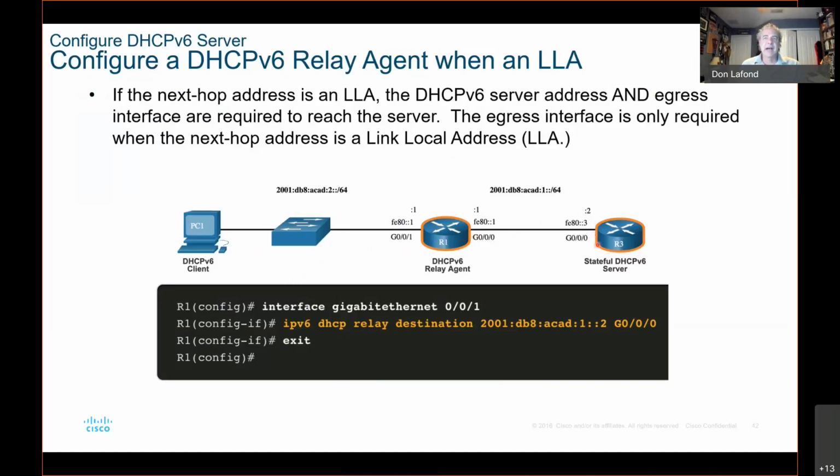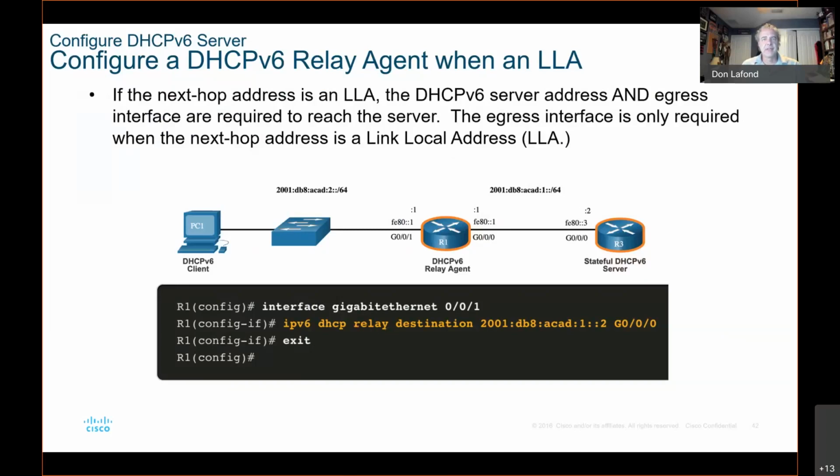If the next hop IP address is a link-local address, you also have to include the exit interface. This is the server, that's the relay agent, and there's FE80::3. If you're going to use this next hop IP address to get to the server, you also have to use the exit interface of G0/0.